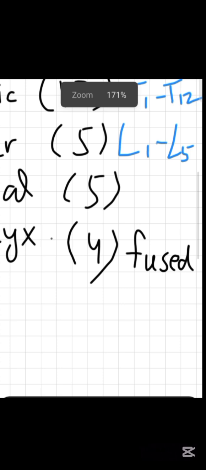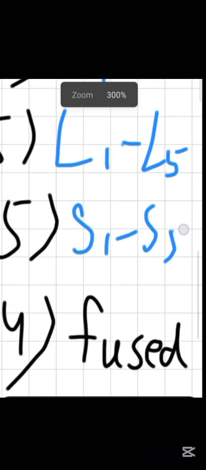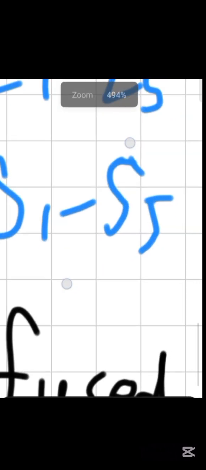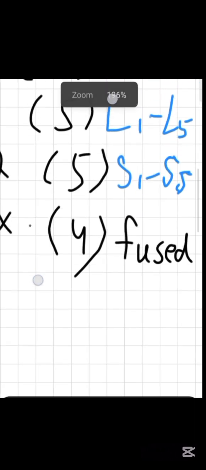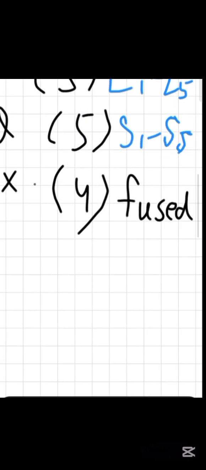In the same way, sacral are S1 to S5. These are also fused, and in the last, coccyx, C1 to C4.